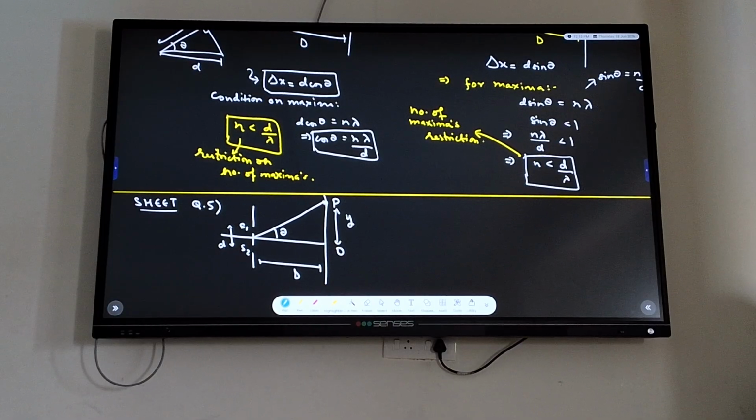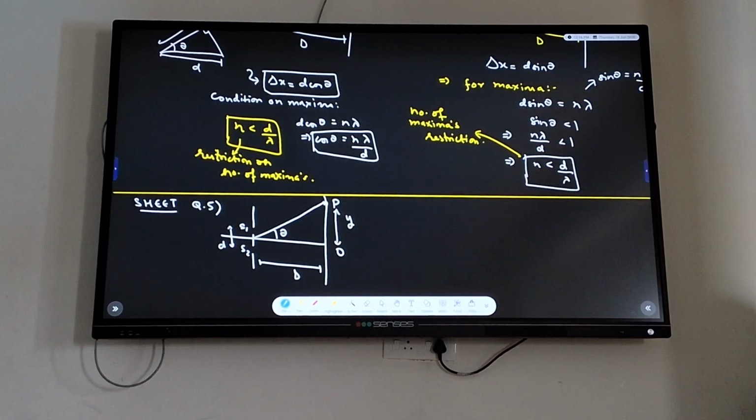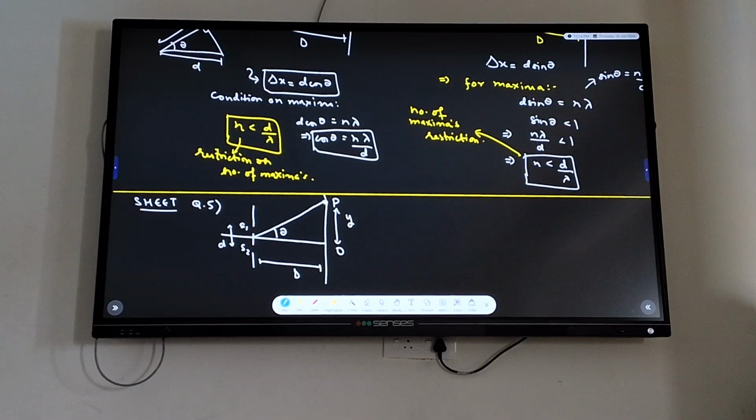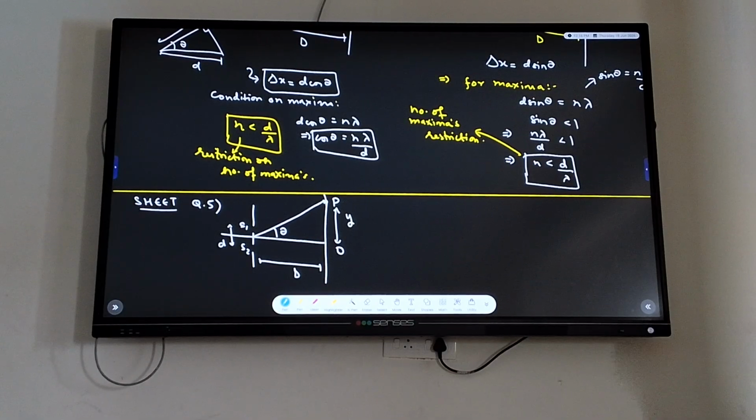So 12 minima. 12 minima is correct. Should I start? Okay then.